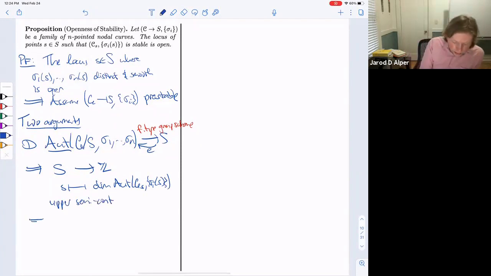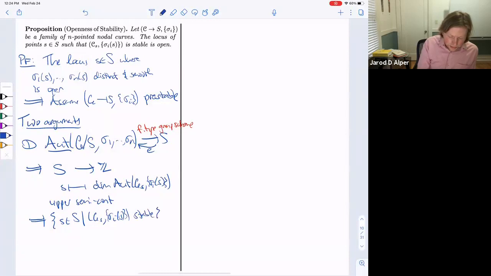And what that implies is that the locus of s in S such that C_s with sigma_i(s) is stable is identified with the locus of points s where the dimension is 0. And therefore it's open.